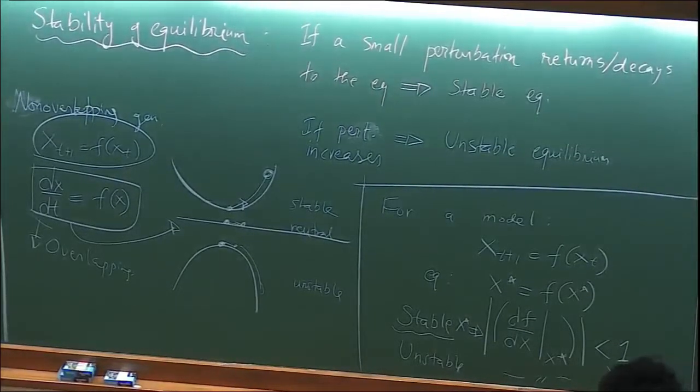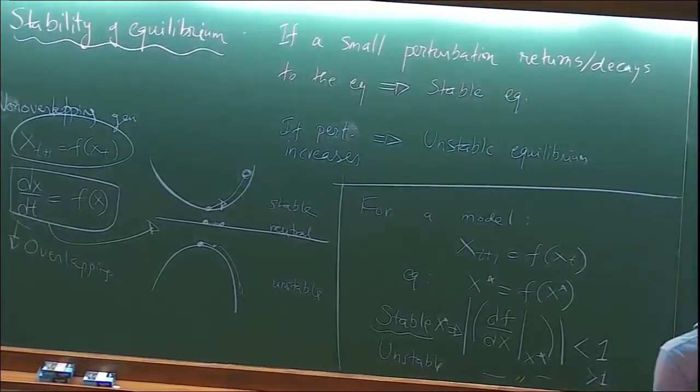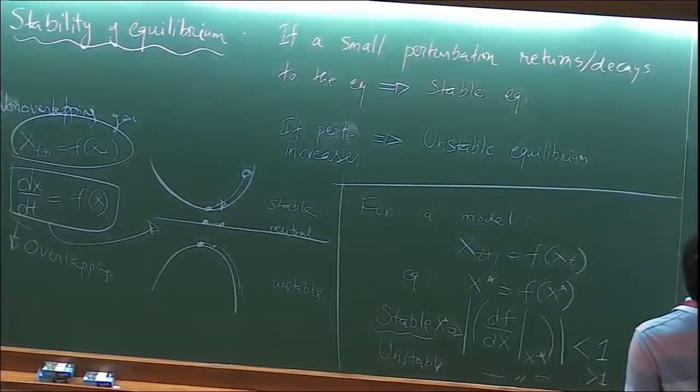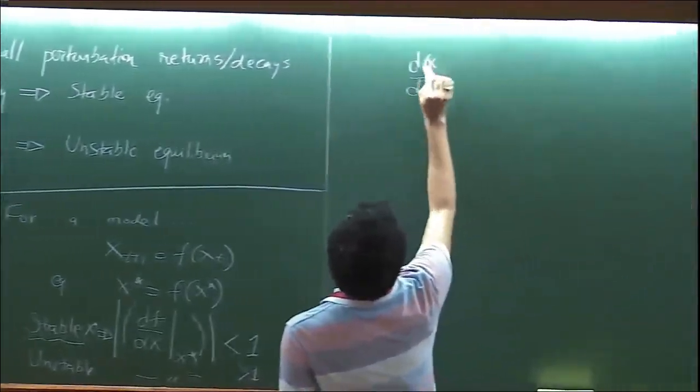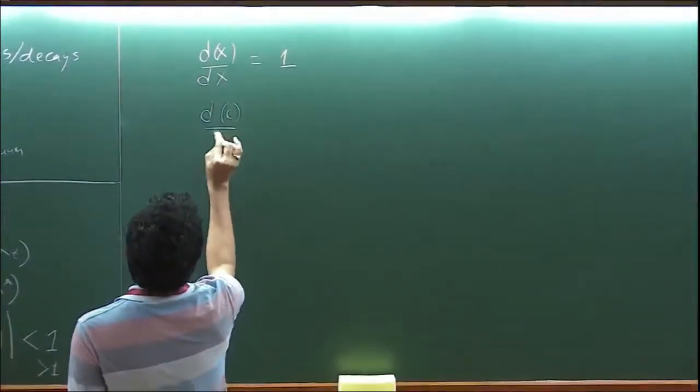So I'll give you 5-10 minutes, however much you need. There was some revision of derivatives yesterday, right? If you are not very sure, I'll just write these things. Derivative of x will be equal to 1. Derivative of a constant is 0.